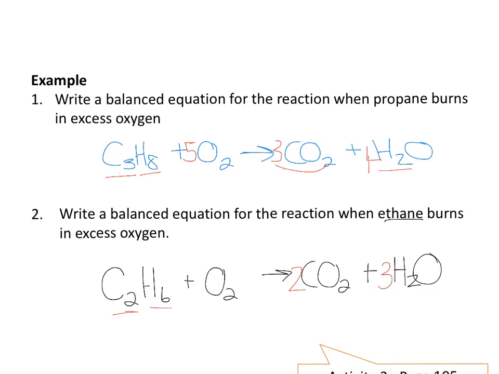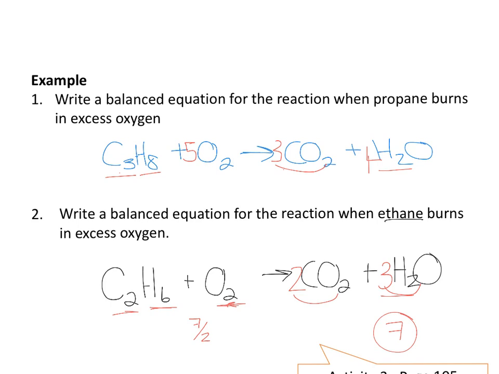Now life gets interesting, because 6 hydrogens, but now look what happens to the oxygens. I've got 4 oxygens plus 3, which means I have 7. I cannot turn an even number into an odd number, but if I wanted 7, I would multiply by 7 over 2. But we know you can't, because you can't have a half.